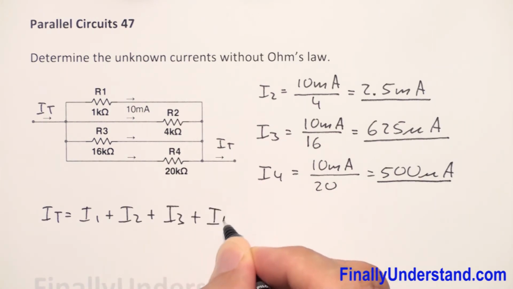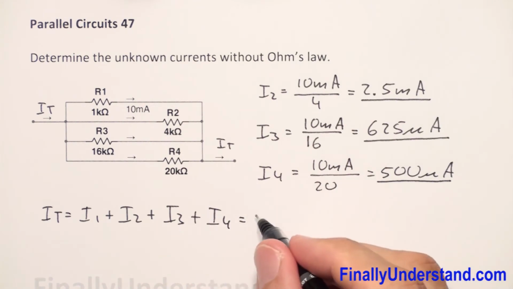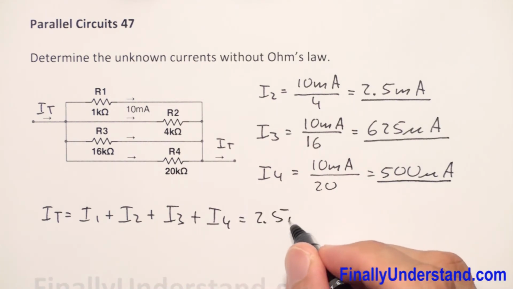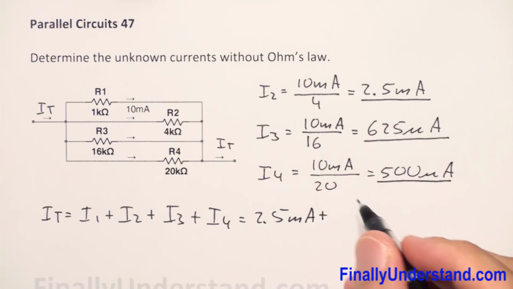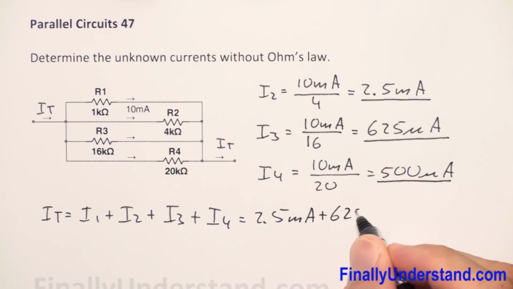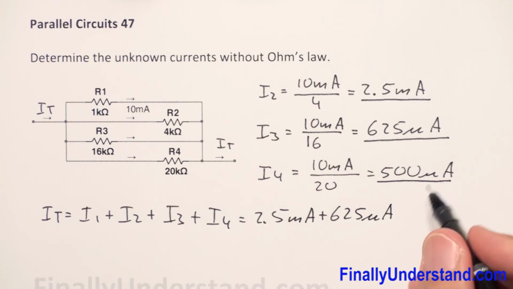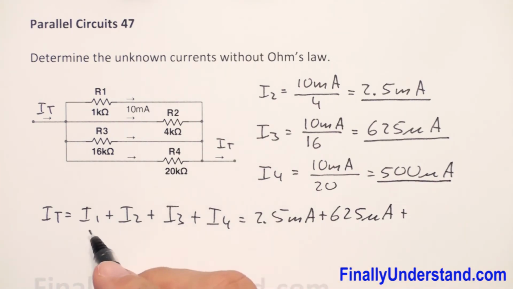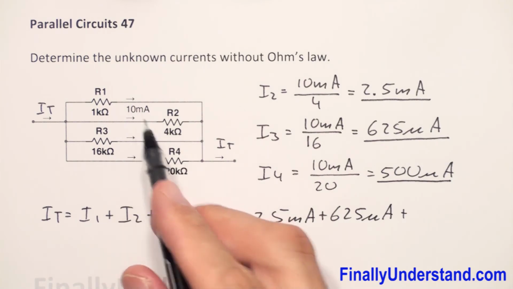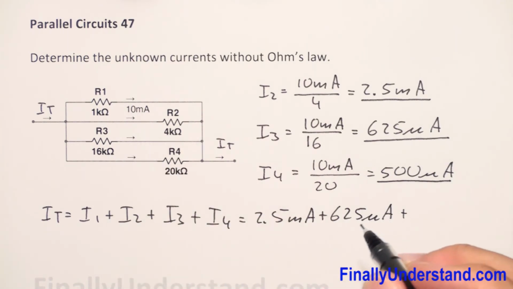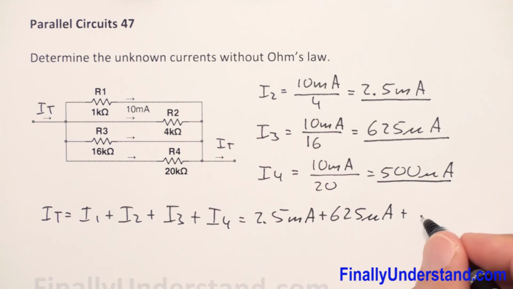plus I4, and this is equal to 2.5 milliamps plus 625 microamps plus, I forgot about I1. I1 is equal to 10 milliamps. Okay, so let me write this down over here.